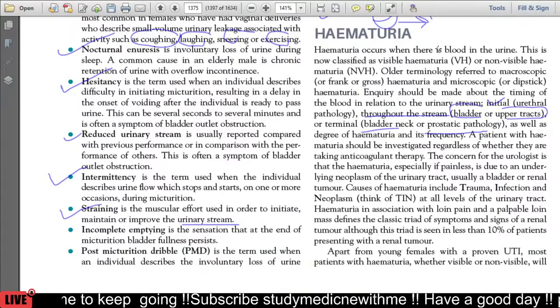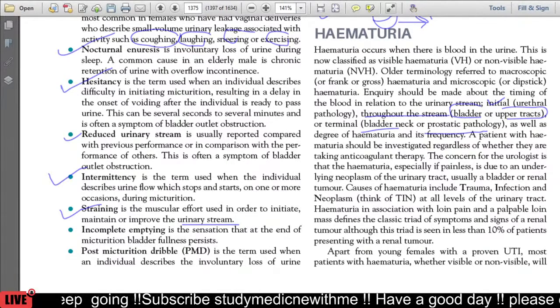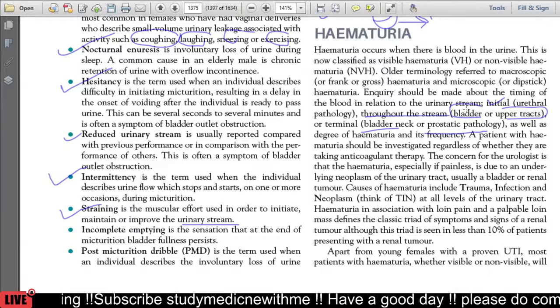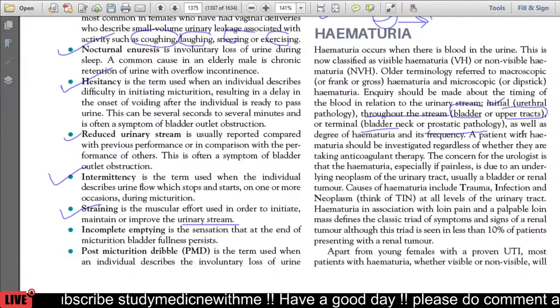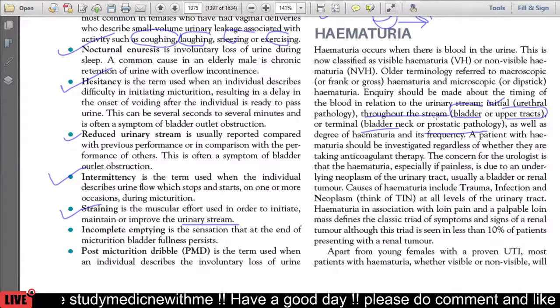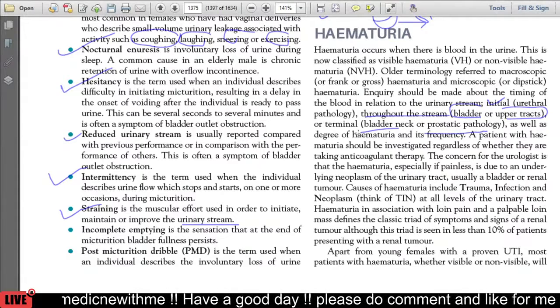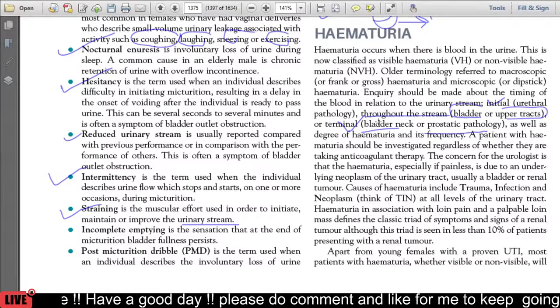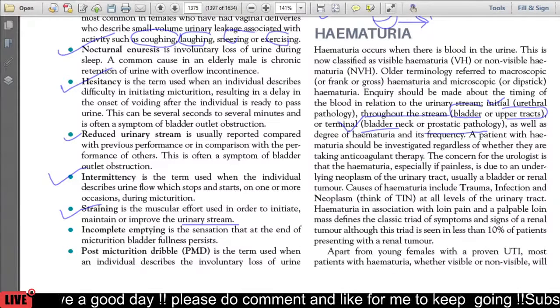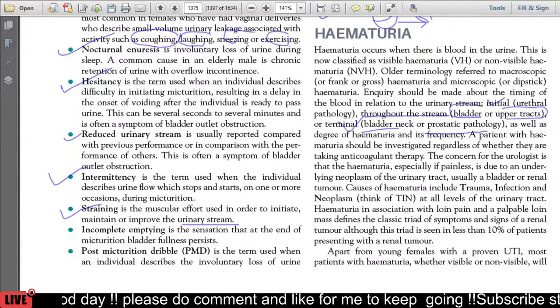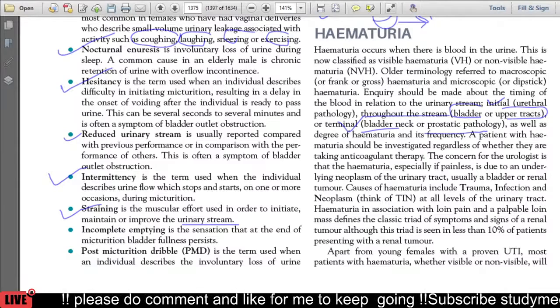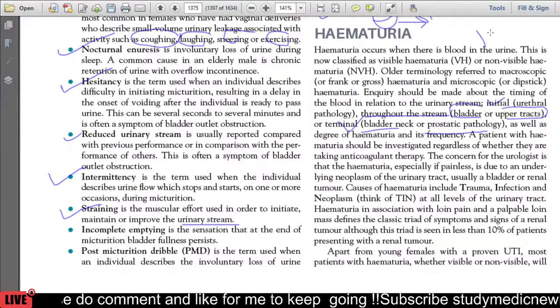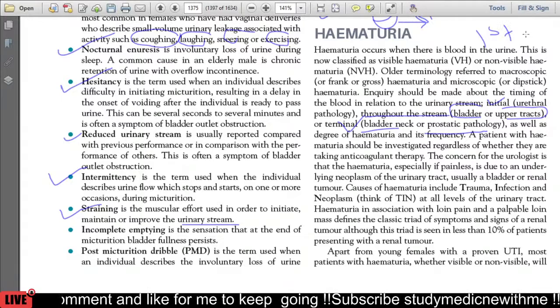And if it is transitional, is it? Terminal means at the ending, then it is most probably the bladder neck or prostatic pathology. Okay. And if the blood in the urine is seen at first, the cause is urethral.